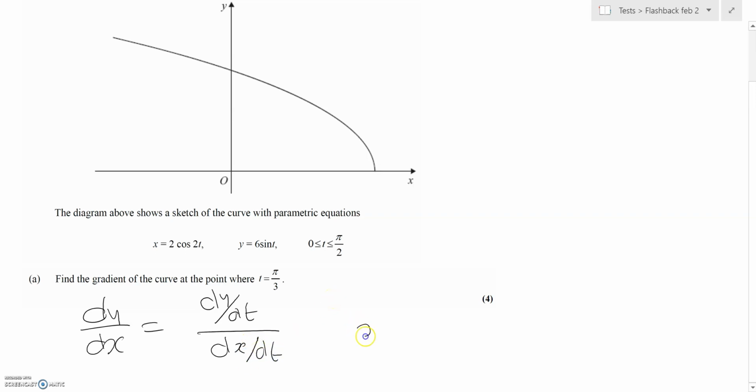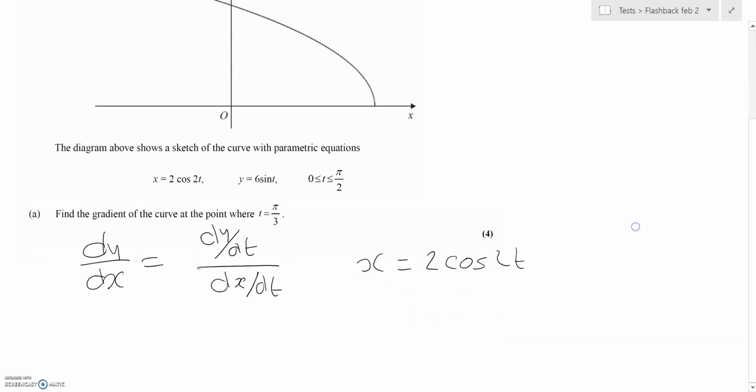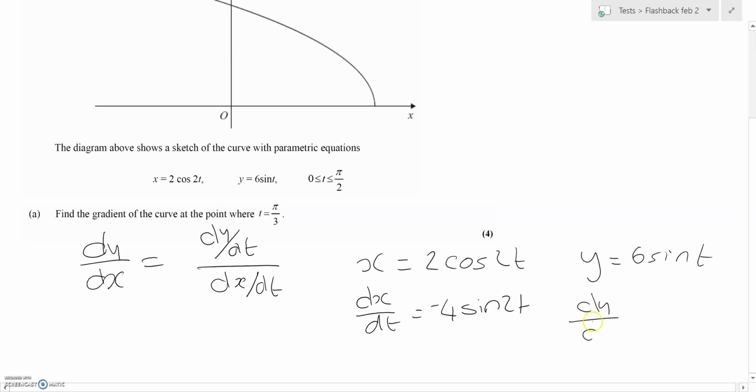So let's look at x is equal to 2 cos 2t, and we need to differentiate this. So dx/dt is equal to minus 4 sin 2t, and y is 6 sin t, and differentiating that we get dy/dt is equal to 6 cos t.